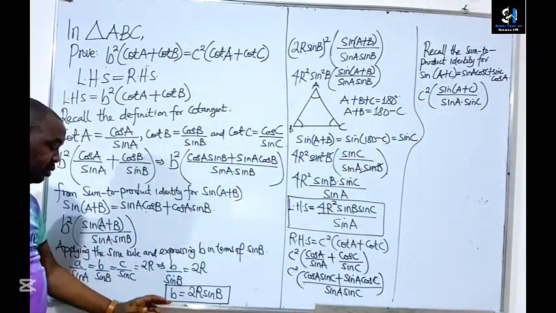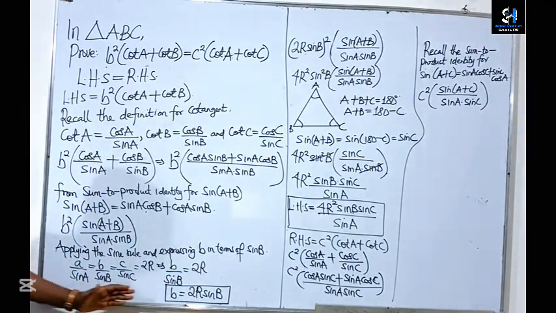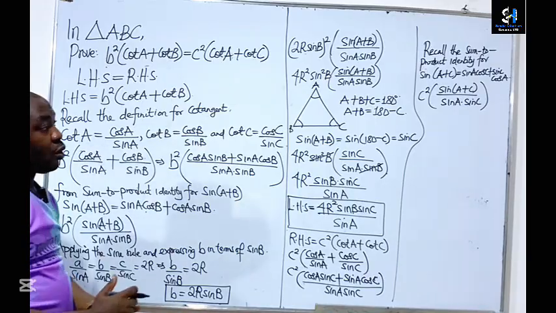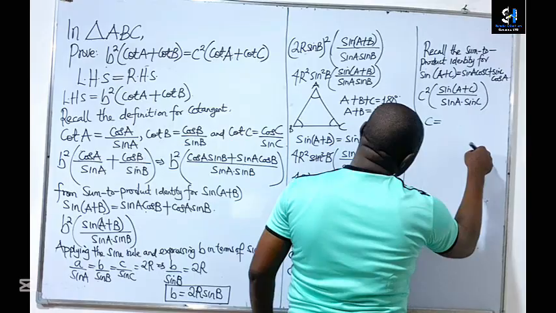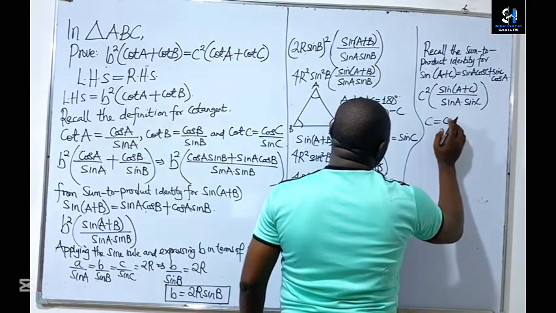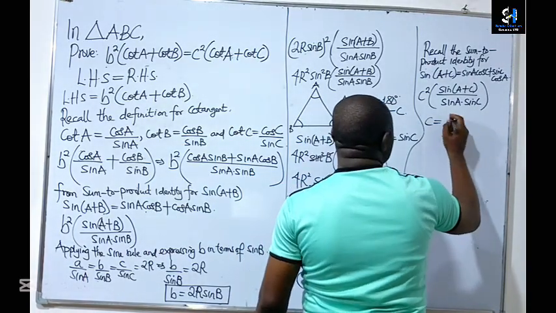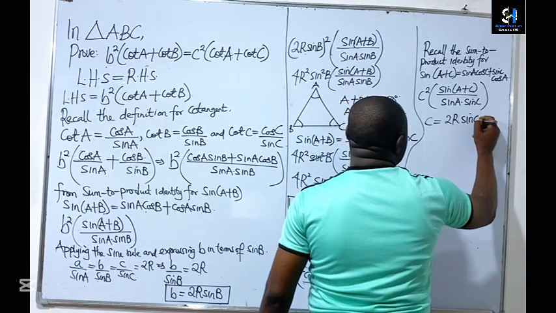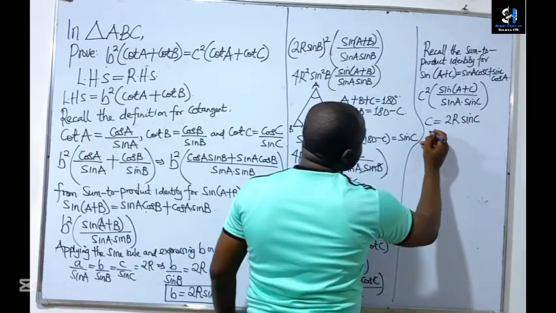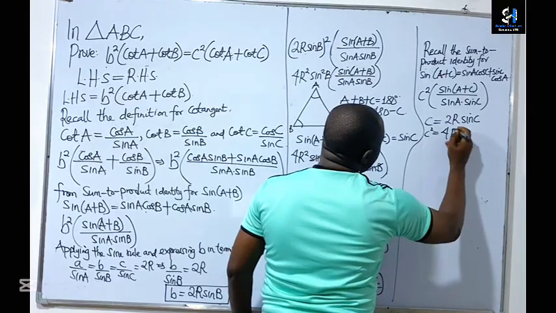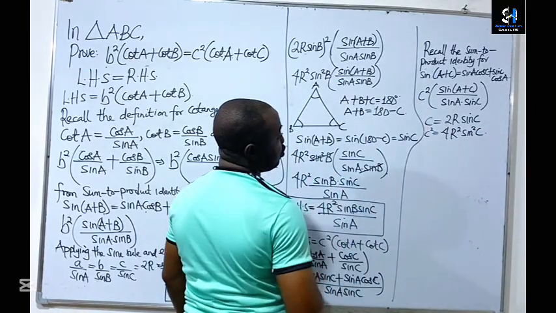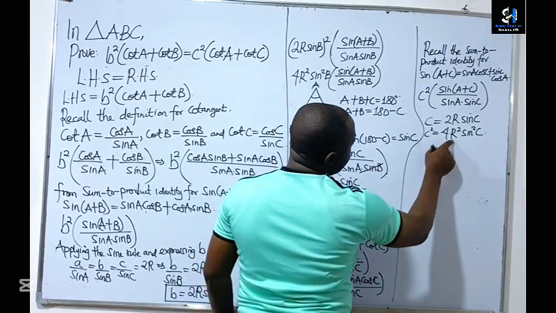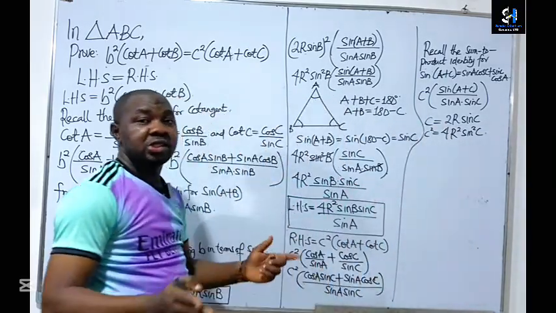Now this is where we can express C in terms of sine C, the same way we got B. When we write C in terms of sine C, C equals 2R sine C, which means C squared will be 4R squared sine squared C. So I'm going to substitute 4R squared sine squared C for C squared.